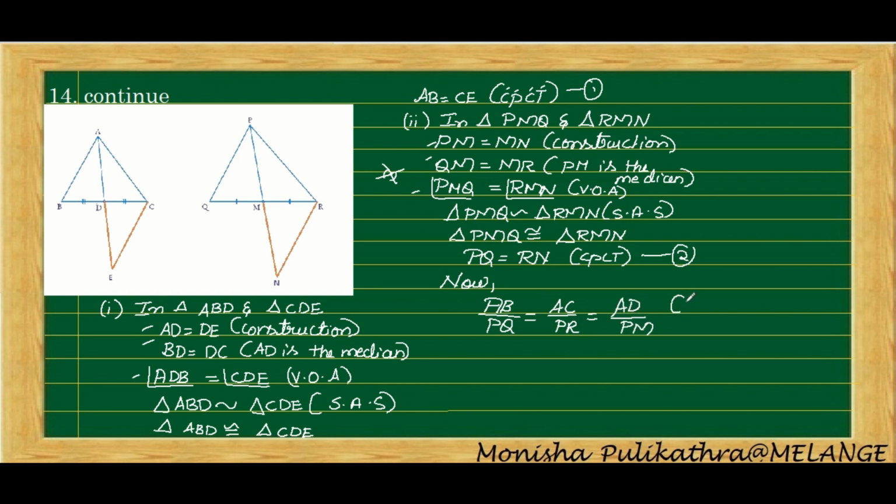Now in equations 1 and 2 we have proved that AB is equal to CE and PQ is equal to RN, so we can interchange them. Instead of AB we can write CE and instead of PQ we can write RN, and the rest we can write as it is.